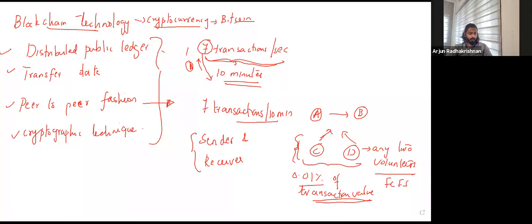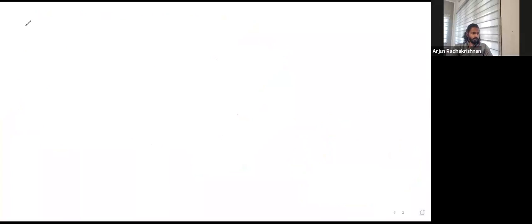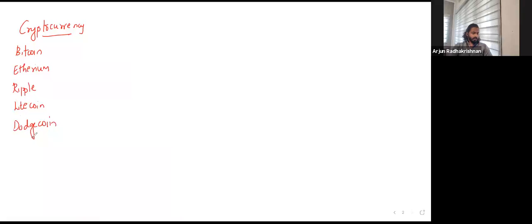You might have heard about cryptocurrencies. There are a lot of cryptocurrencies. You can write cryptocurrency. So there is Bitcoin, Ethereum, Ripple, Litecoin, Dogecoin, and the latest one introduced by Facebook called Libra.